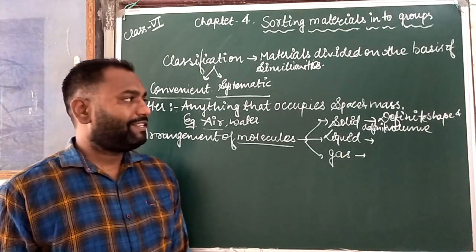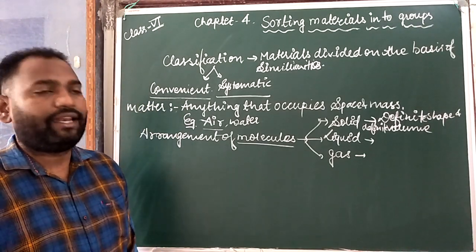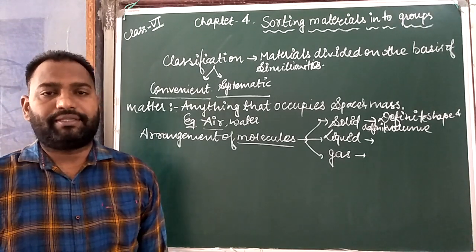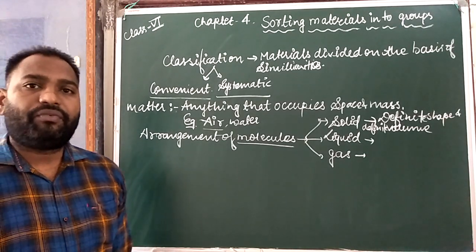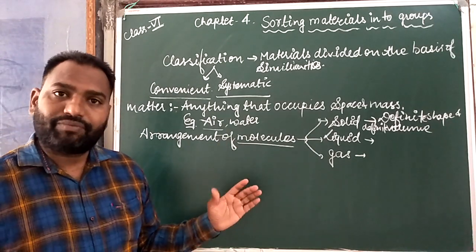It means a solid will keep the same space and same mass if we place it at any other place, like a block of bricks. If we keep it in one room, it has the same space and same mass.